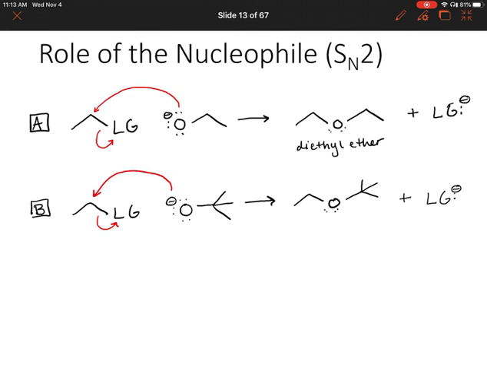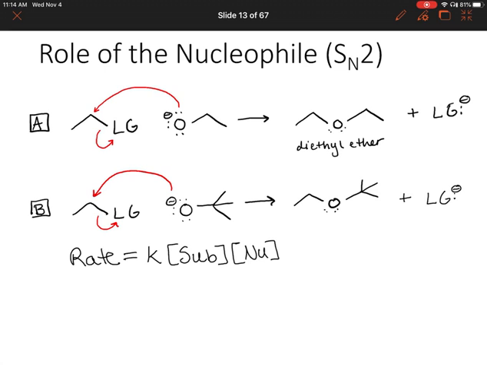Okay, so really the only difference here is the nucleophile. And do you think that there's an effect on the rate from the nucleophile? Yes. So remember, the rate law for an SN2 reaction is equal to the rate constant times the concentration of the substrate times the concentration of the nucleophile. So there is a dependence on the nucleophile here.